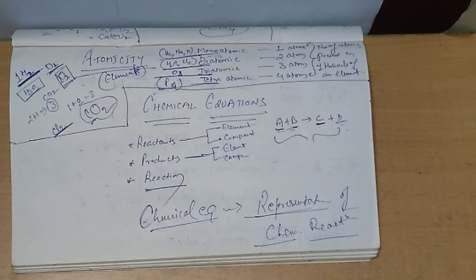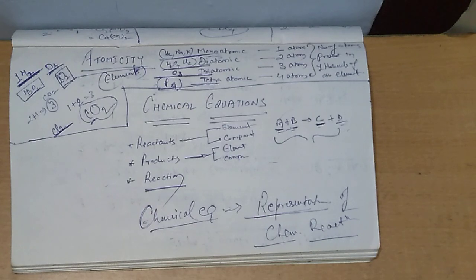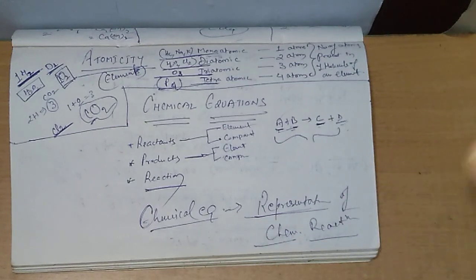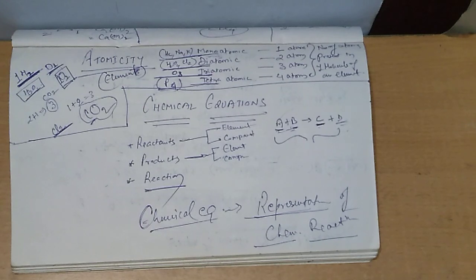It helps us to know the number of atoms present in one molecule of an element in the free state, or, if it is combined with other elements in a stable state and forms a compound, the number of atoms of that particular element in the compound.